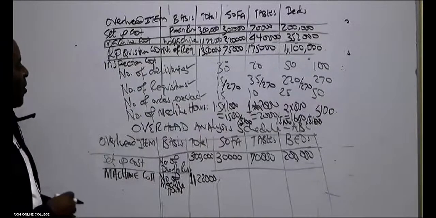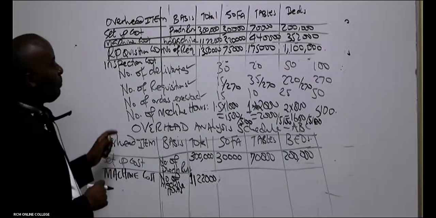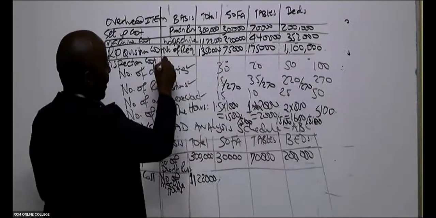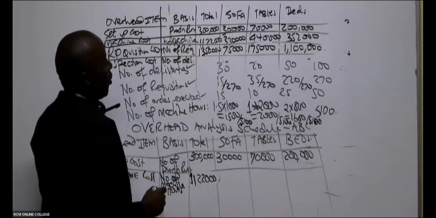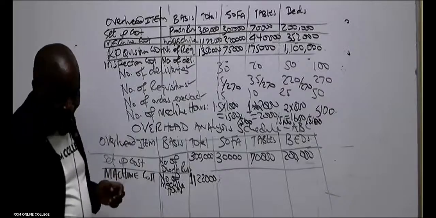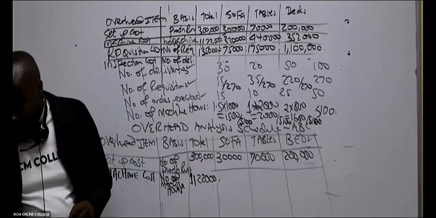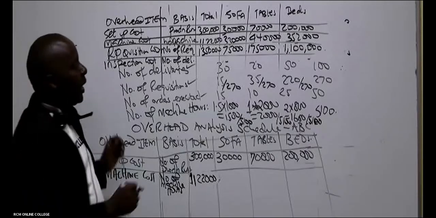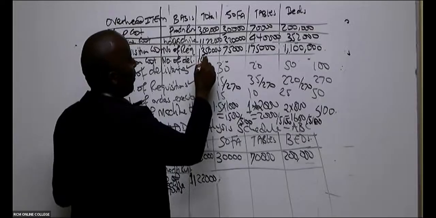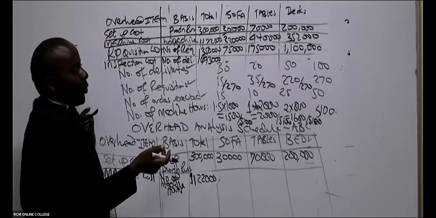So inspection cost, ladies and gentlemen, what is the criteria for inspection cost? Deliveries, isn't it? So we have here a number of deliveries. What is the total inspection cost? 1,493,000. Thank you so much. And do we have in this case here the proportions?